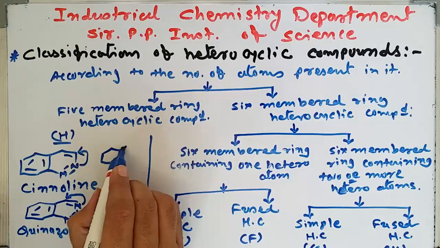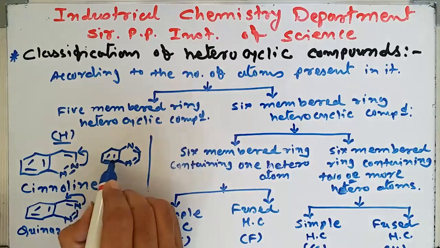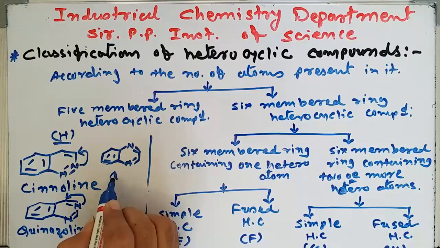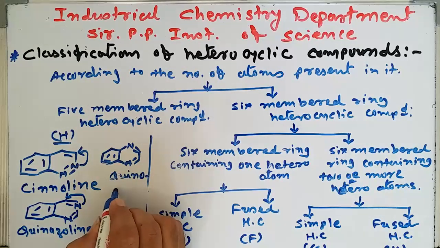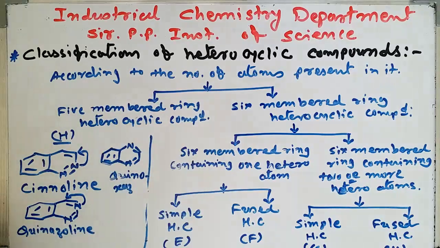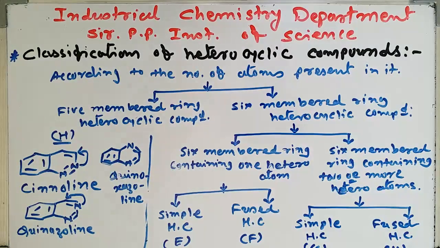I write it down here, quinoxaline. So these are compounds which contain a six-member ring and two or more heteroatoms with a fused system.